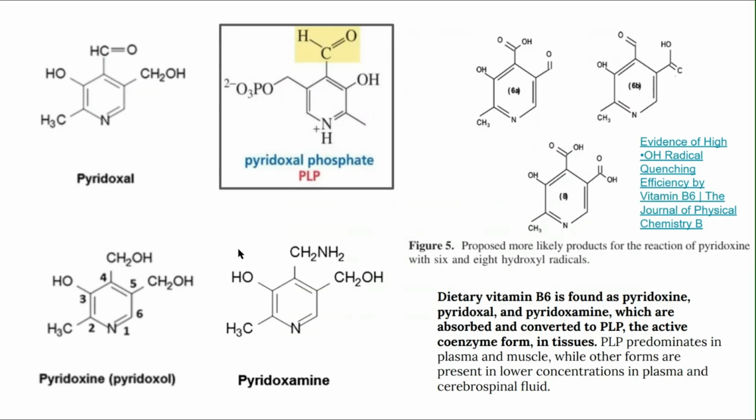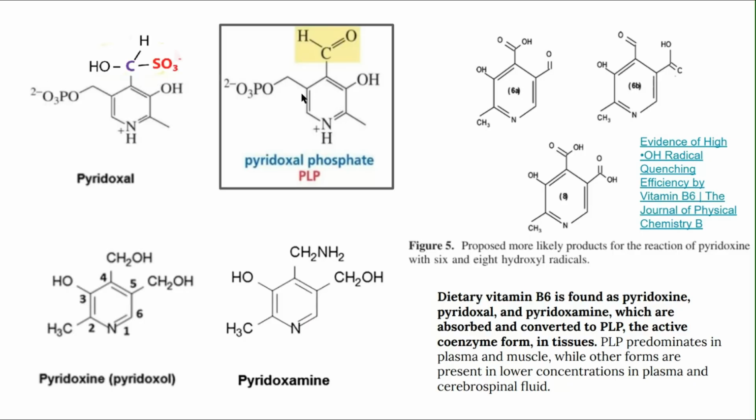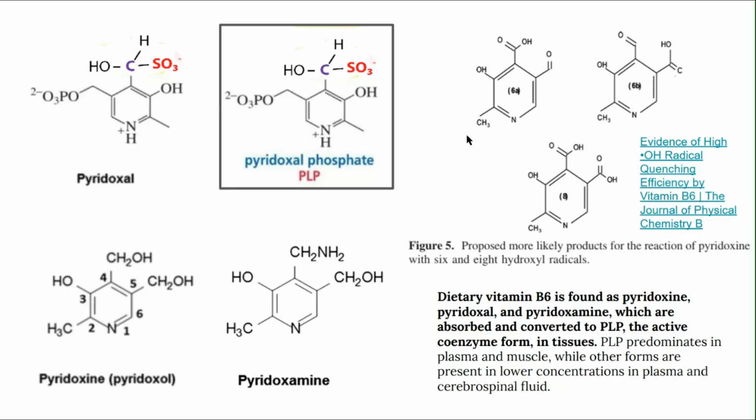So let's talk about those hydroxyl radicals. So we already know that sulfite can reversibly interact with the pyridoxal form of B6, but also over here, they showed that vitamin B6 can quench hydroxyl radicals.